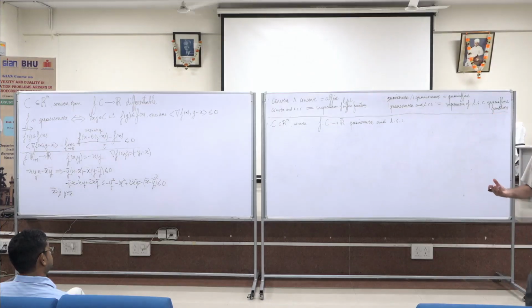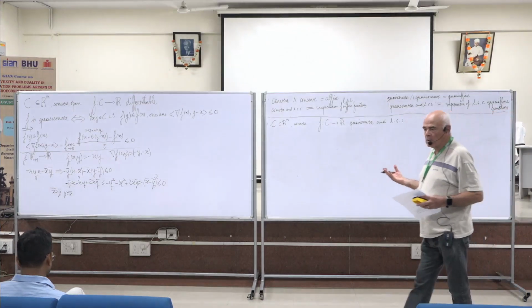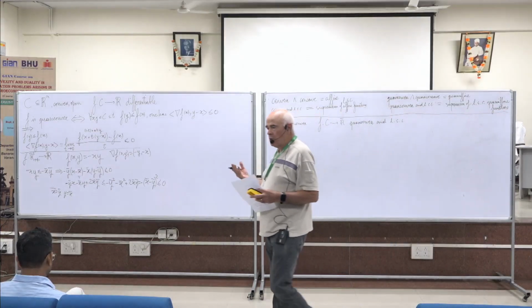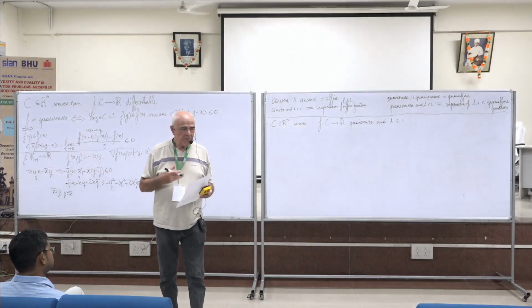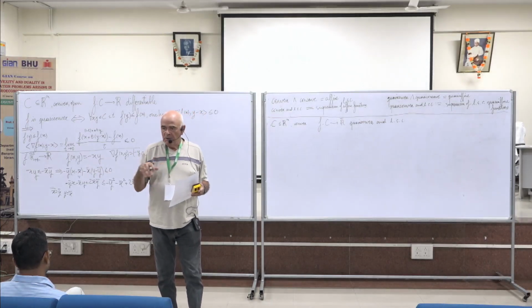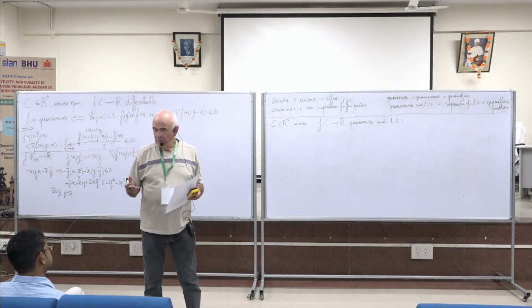So in fact we can consider the class of all the lower semi-continuous quasi-affine minorants of f. And then we will prove that the supremum of this class is f.